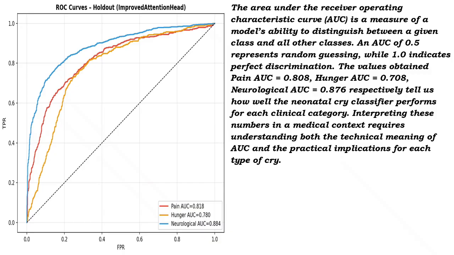The values obtained here for pain is 80%, hunger is over 70%, neurological is over 87%, respectively. These tell us how well the neonatal cry classifier performs for each clinical category. Interpreting these numbers in a medical context requires understanding both the technical meaning of AUC and the practical implications for each type of cry.